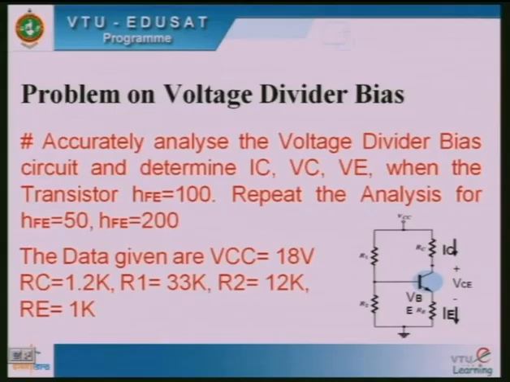We neglect IB. IB is taken as 0, and one of the approximations here is that when IB is less than the voltage divider bias network current I2, then we can go for approximate analysis.